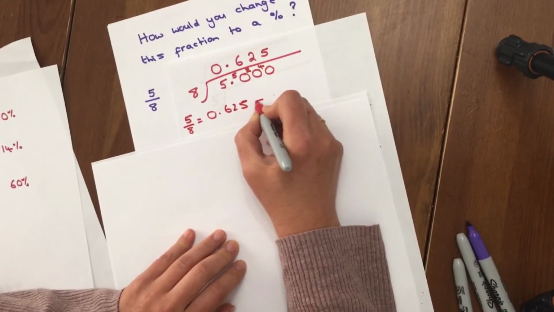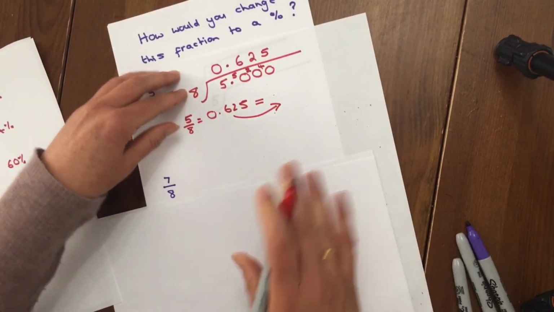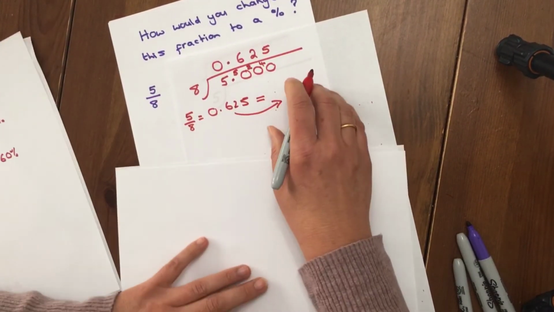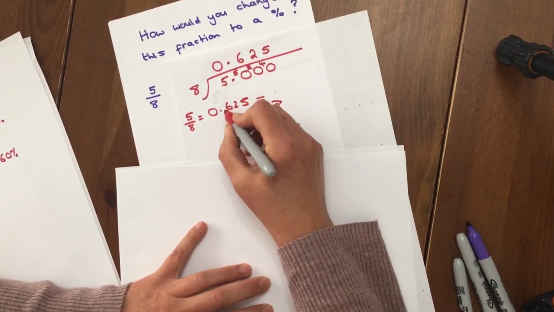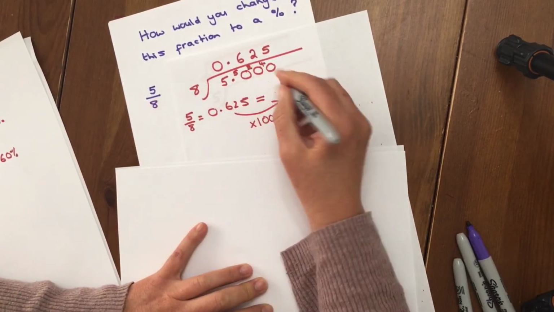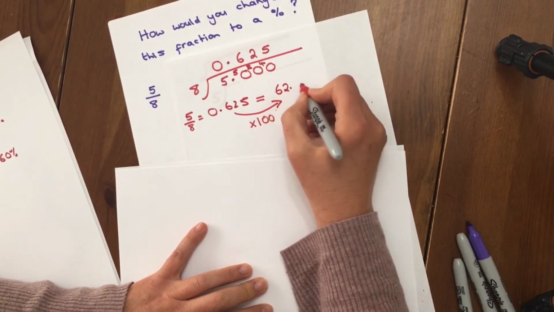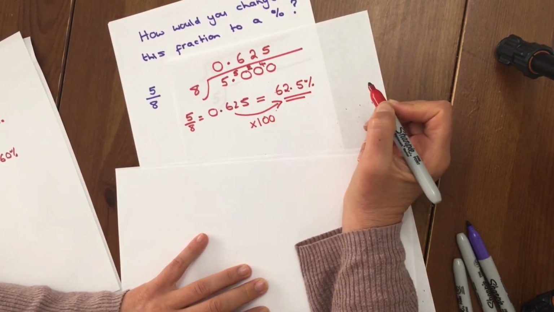Now, how do I change a decimal to a percentage? I multiply by 100. So, to multiply by 100, think about all your numbers moving to the left twice. So I will get 62.5%.